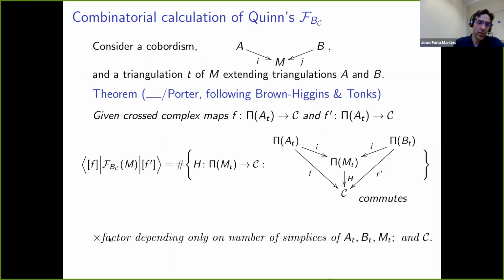This calculation here, which is so simple, we only know it works for the classifying space of crossed complexes. But Quinn's finite total homotopy TQFT works for any space. The issue is that computing it will be a bit more complicated in theory.